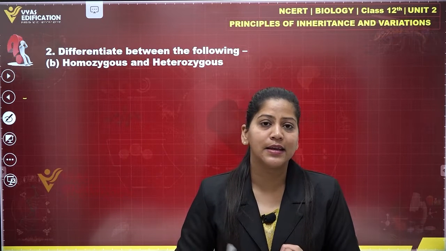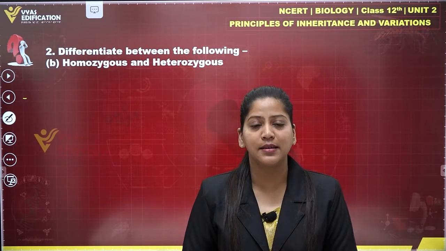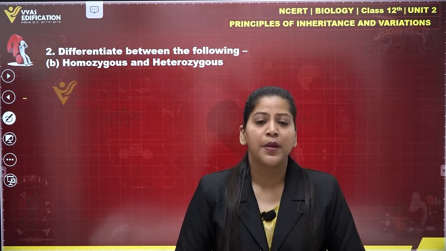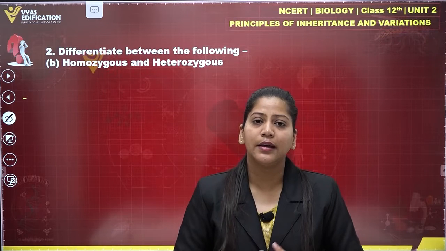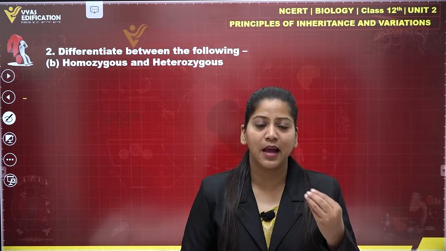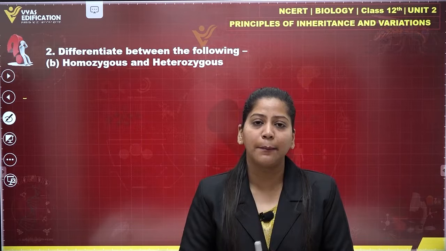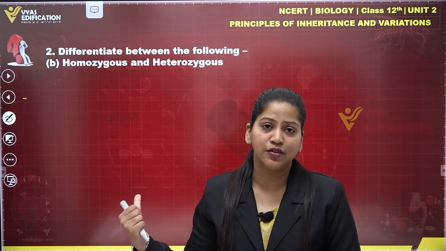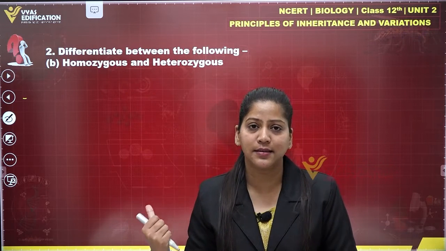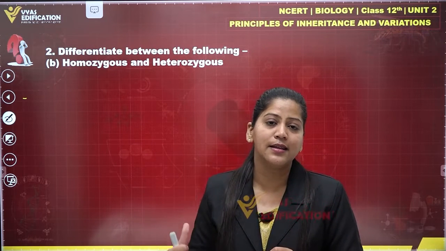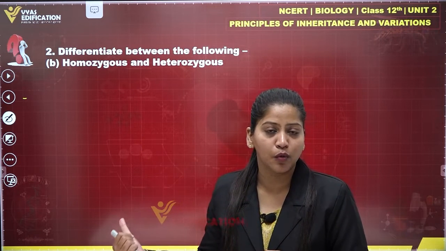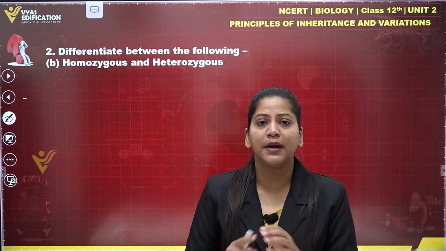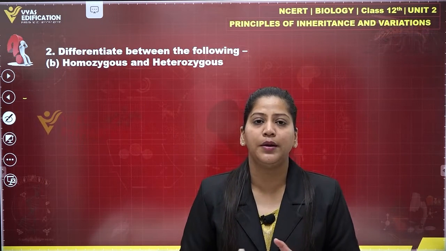Both the alleles in case of homozygous condition are similar for a trait, whereas in the heterozygous condition, both the alleles for a trait are dissimilar. That means capital T, small t. It can never be capital T, capital T or small t, small t, whereas this condition applies for homozygous one. That means if alleles of a trait are present in the homozygous condition, it would be small t small t or capital T capital T, but can never be capital T, small t.